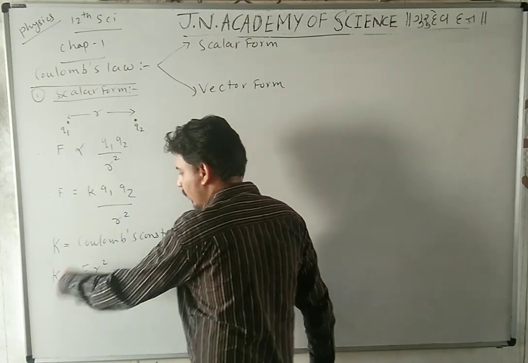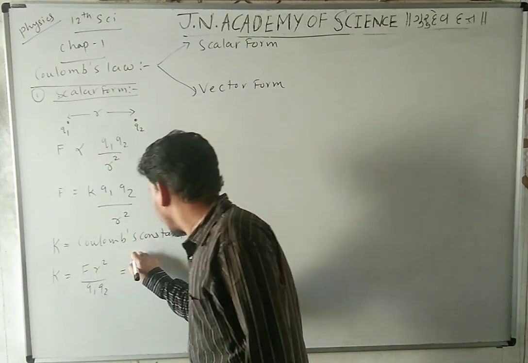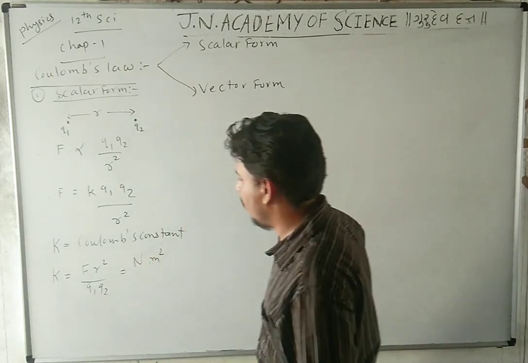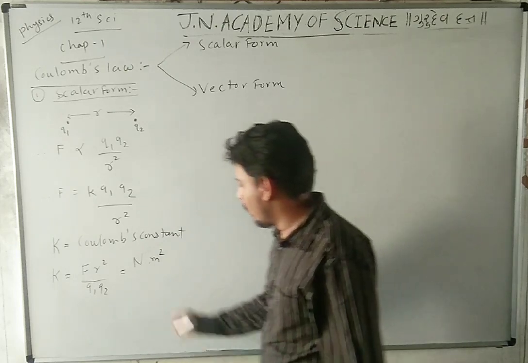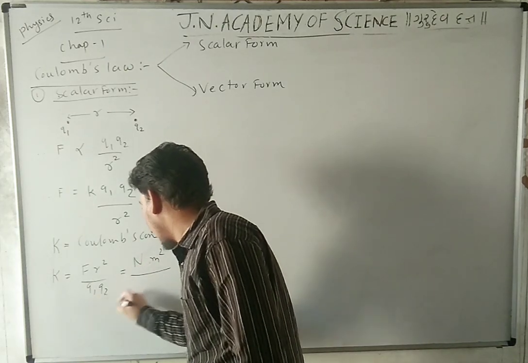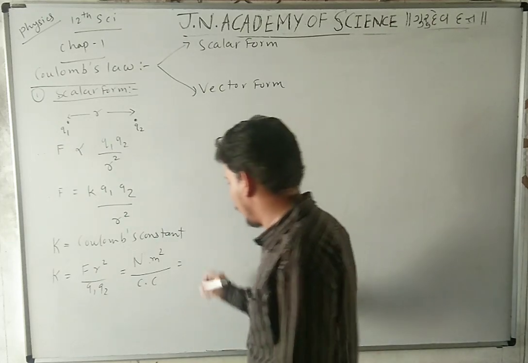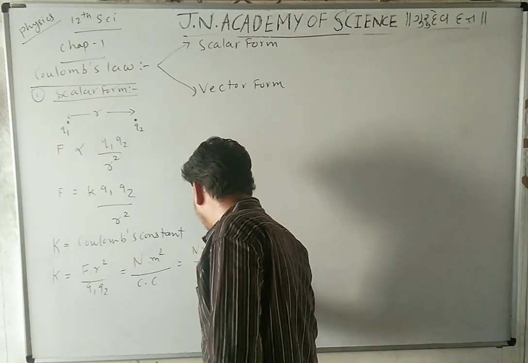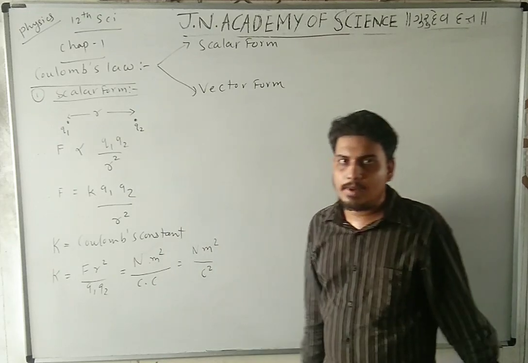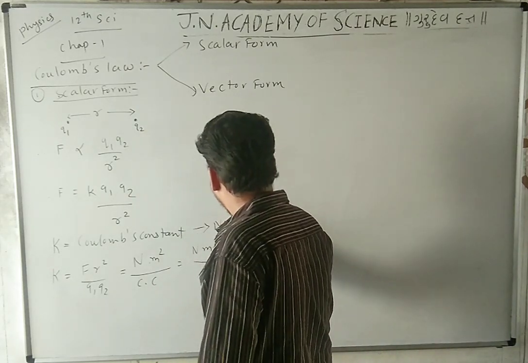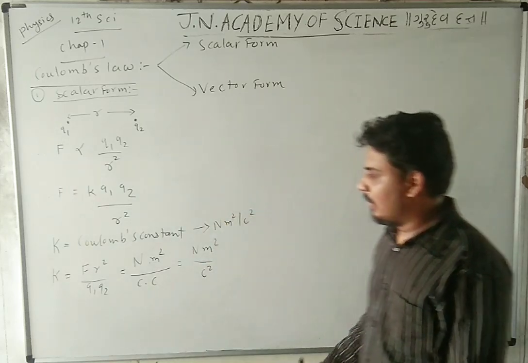Now what is the unit of F? Newton. What is the unit of r? Meter, and r square is meter square. Charge unit is Coulomb, so Coulomb into Coulomb. So its unit is Newton meter square per Coulomb square.